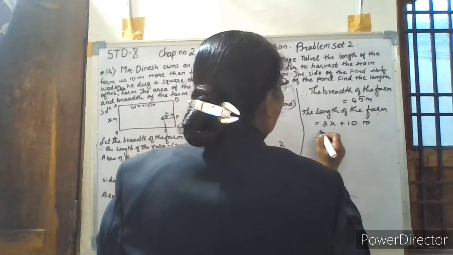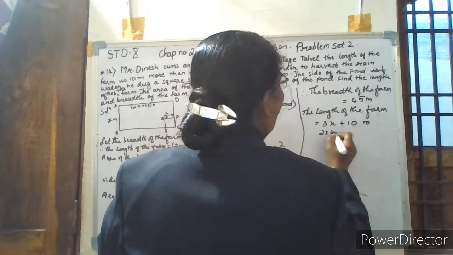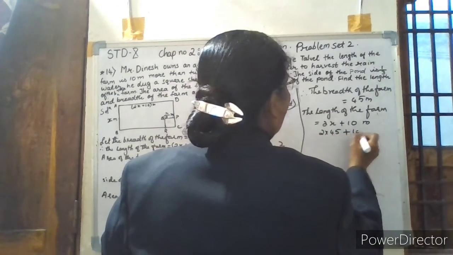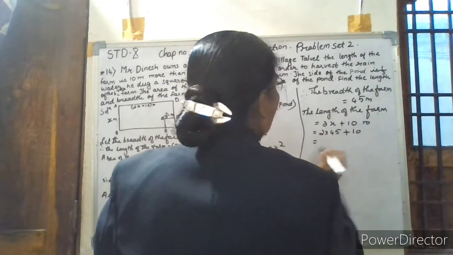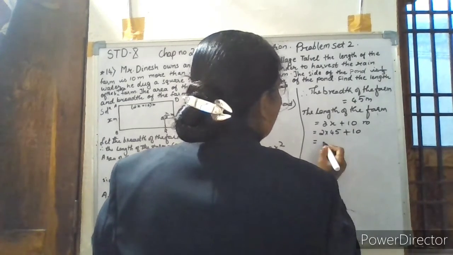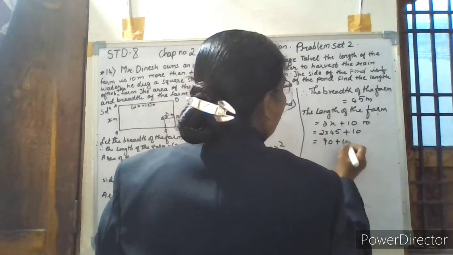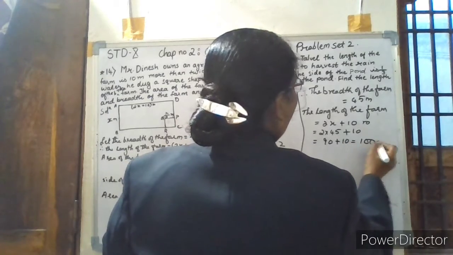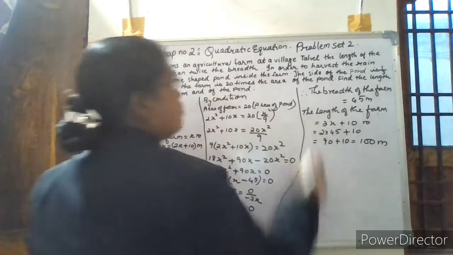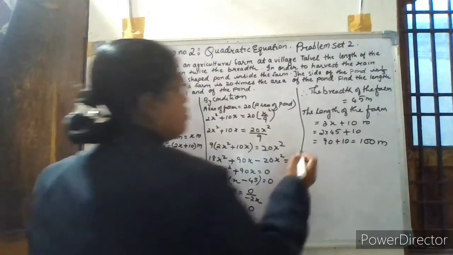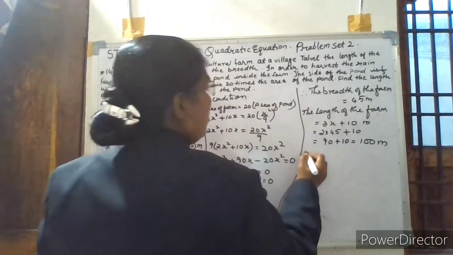So that is equal to 2 into the x value 45 plus 10. So 2 times 45 is 90, 90 plus 10 equal to 100 meters. So the length of the farm is 100 meters.